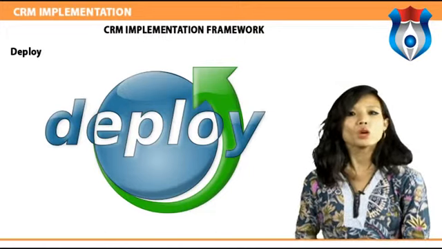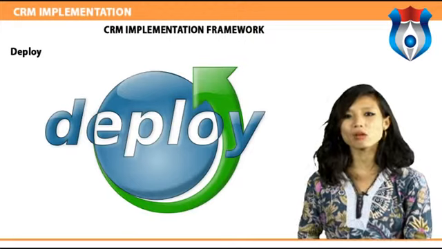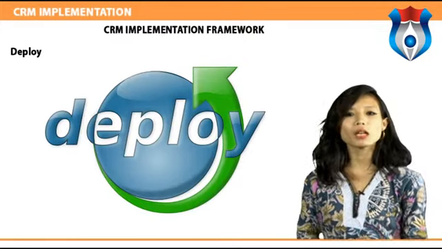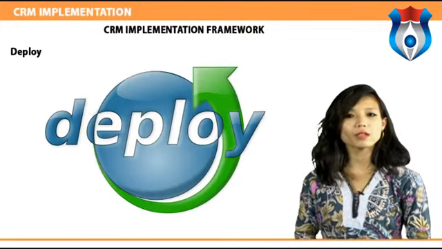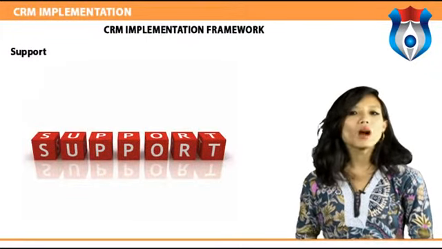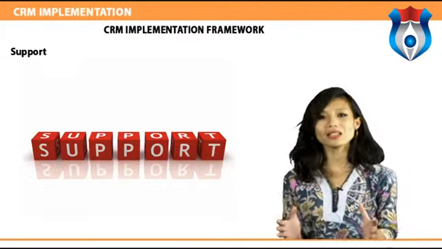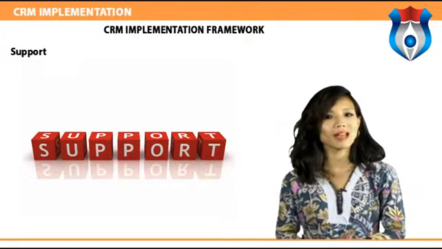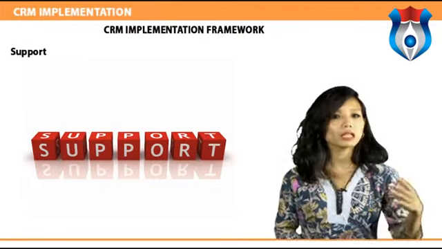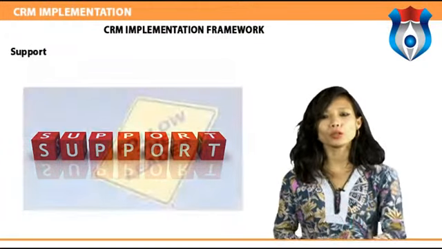Once complete, we will roll out the system to the user community and provide user training, management training, and administrative training support. Once the system has been deployed and stabilized, we will work with the client to transition system support and administrative management to the internal resources that will be managing the system moving forward.